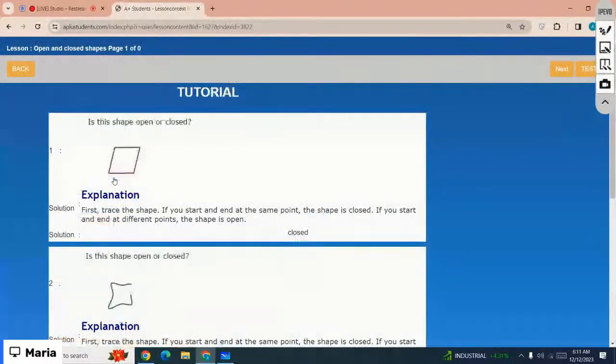So you have to trace the shape. If you start and end at the same point, that means the shape is closed. And if you start and end at different points, that means the shape is open, right? So you can see this is the closed shape. If you start with this point, you can end on the same point. So that is the closed shape, right?